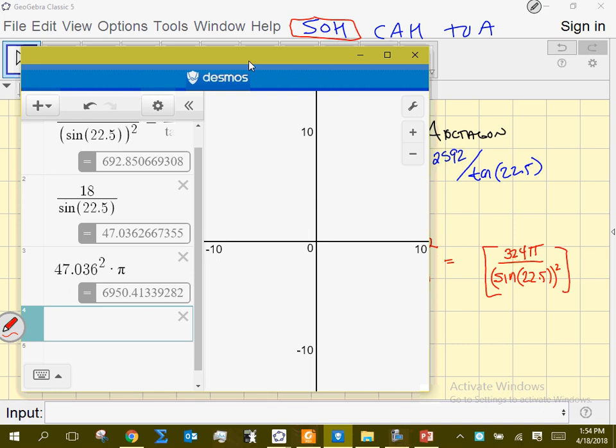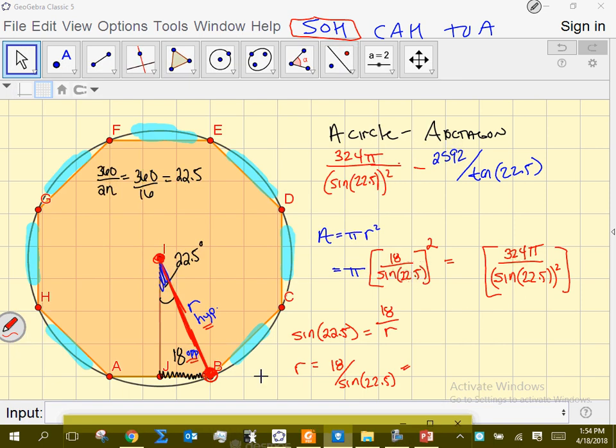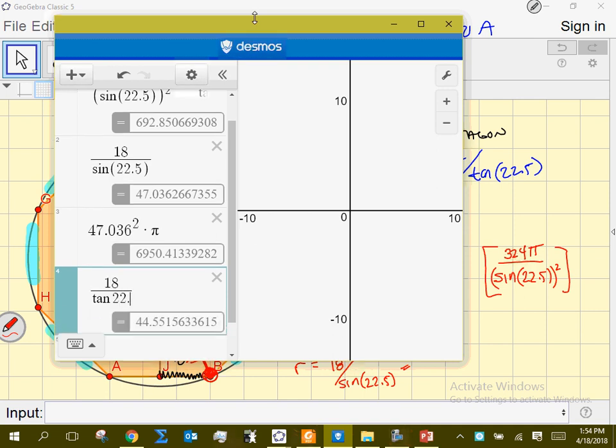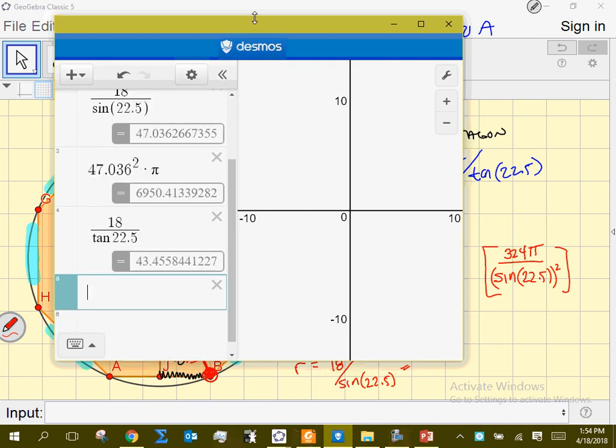All right, so maybe you calculated your apothem and went to the side and said, okay, 18 divided by tangent of 22.5, you got that right there. So then you took 1/2 times your apothem, maybe you took it to 43.4558, and then times 288.